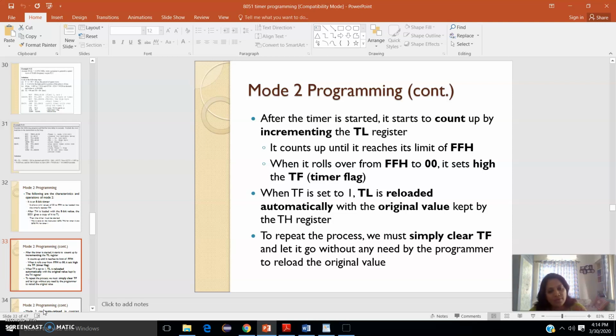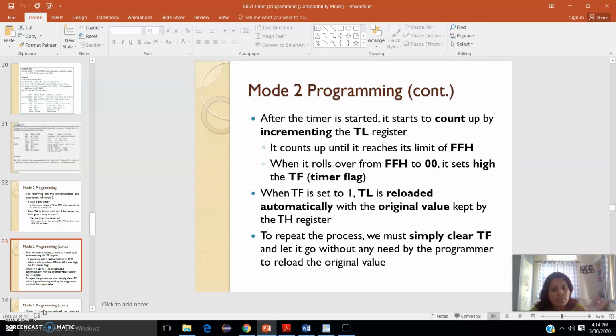Whenever it rolls over from FF to 00, it sets the flag register to 1 and one process is completed, and TL is again reloaded with the original initial value, not with 00.